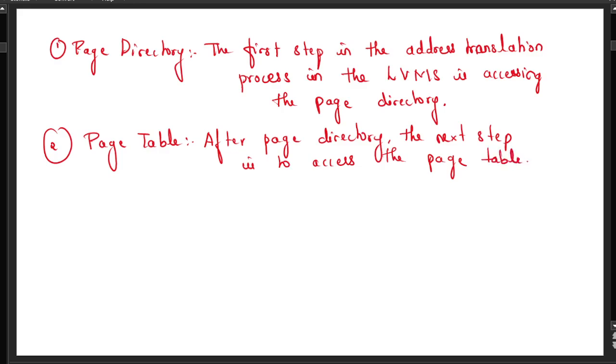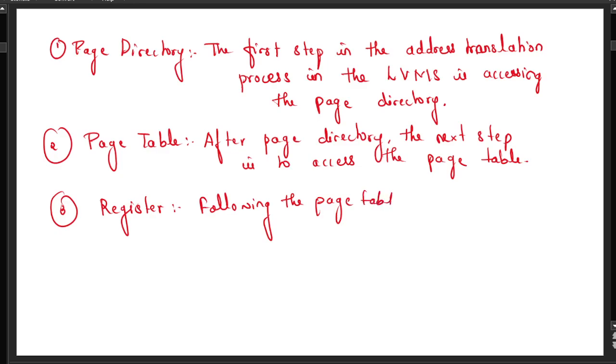Option 3 is register: following the page table, the register is used in the address translation process.